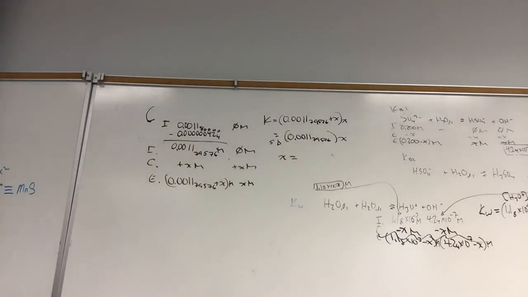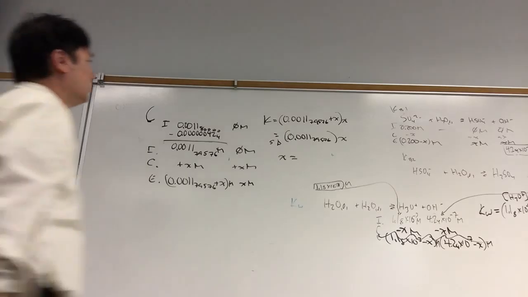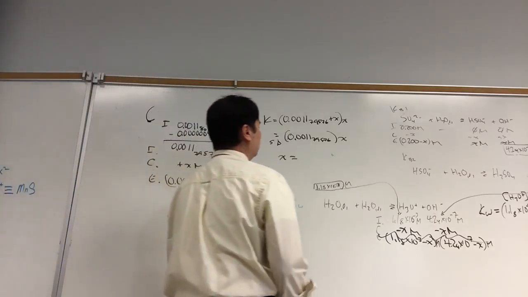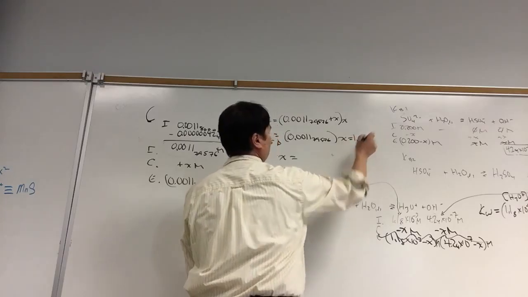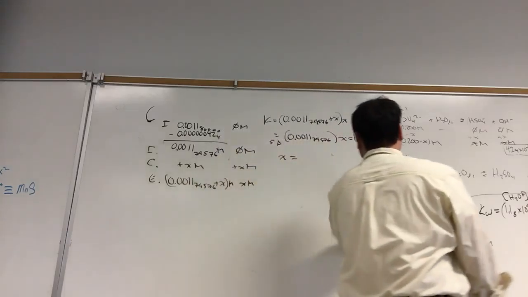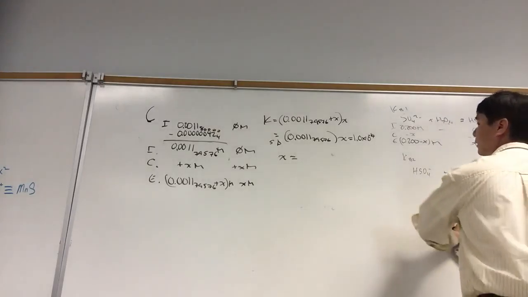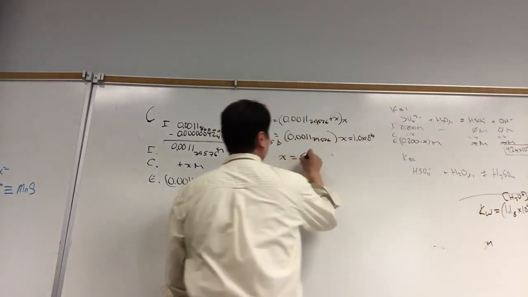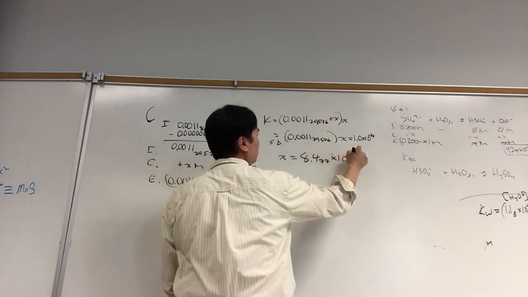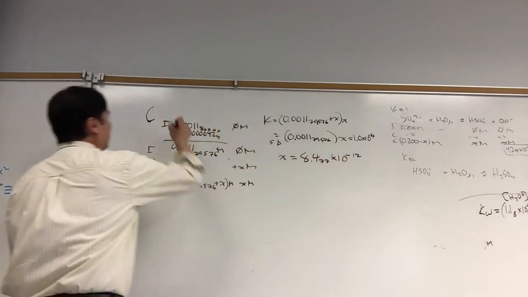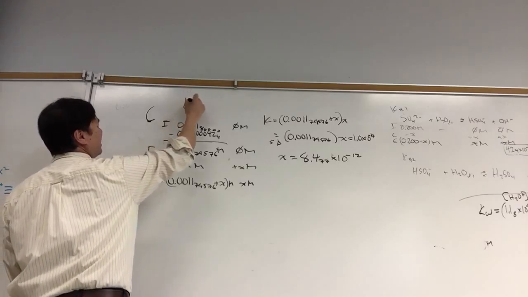Water. KW, yeah, this is KW, 1.0 times 10 to the minus 14. 8.77 times 10 to the negative 12. Okay, thanks. And so this would be the hydronium ion concentration here.